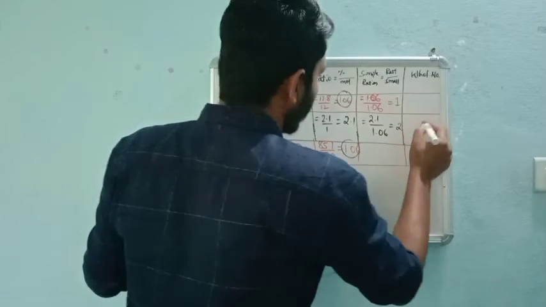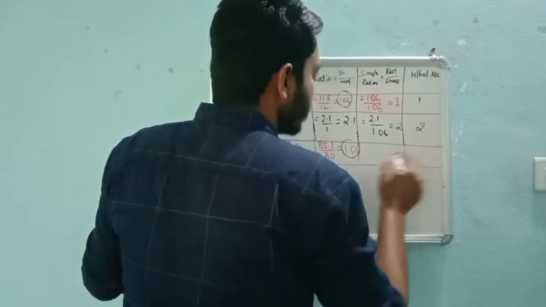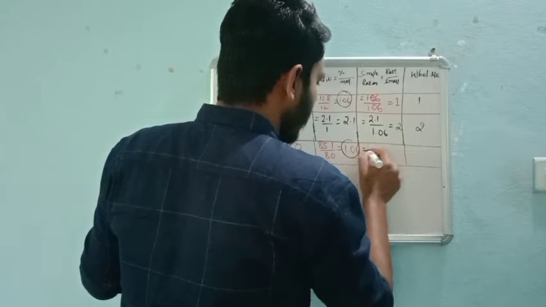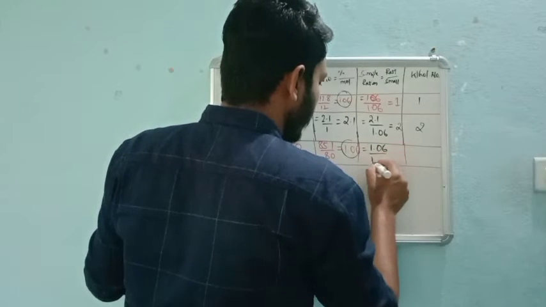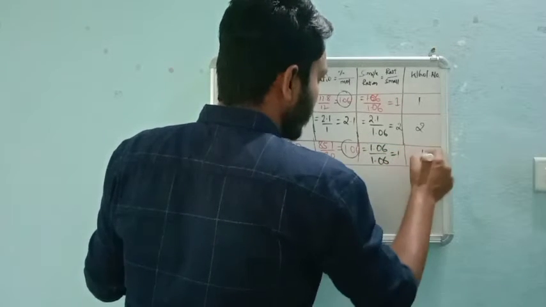So directly I'm writing the whole number. Here also the same case, 1.06 divided by 1.06 will be 1, and therefore 1.